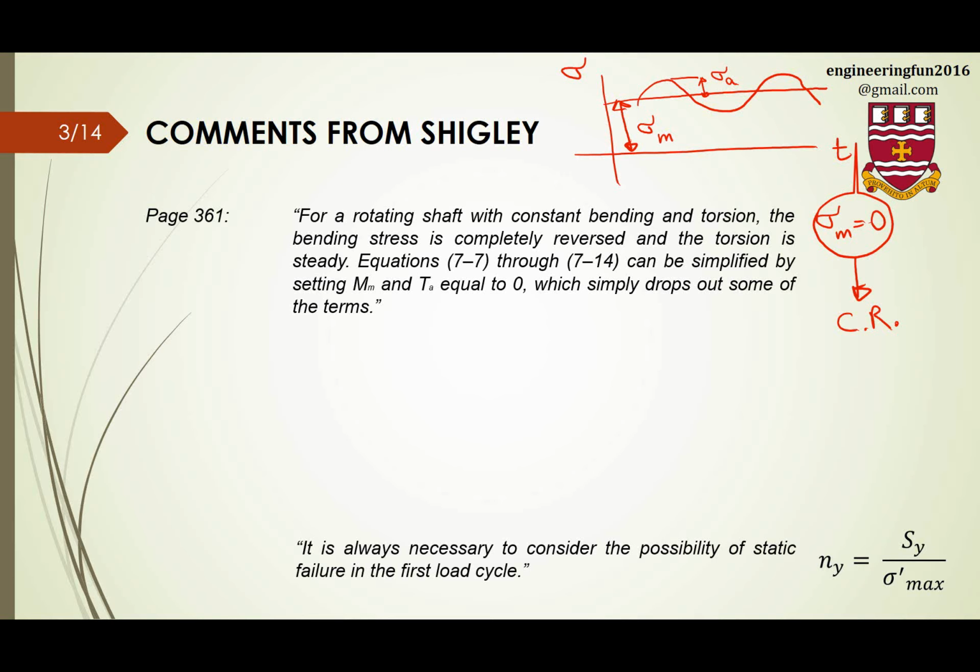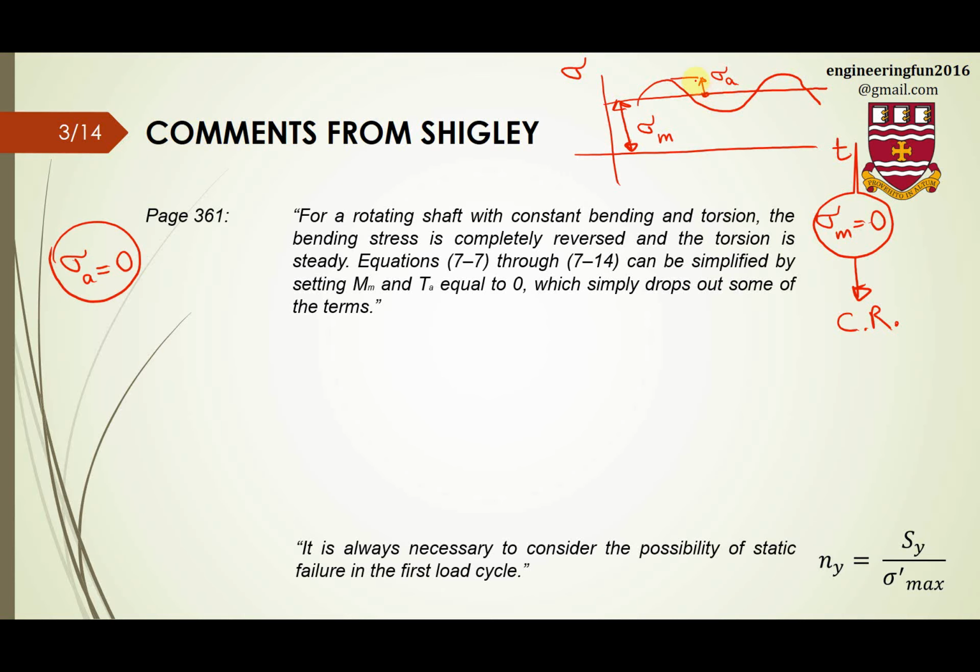So when sigma m is 0, it means that we are oscillating around the time axis, and we go from complete tension to complete compression, and by definition this is called the completely reversed scenario. Sometimes sigma a is 0.